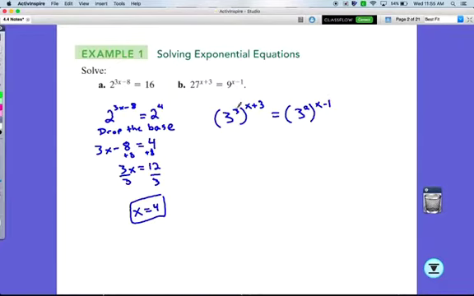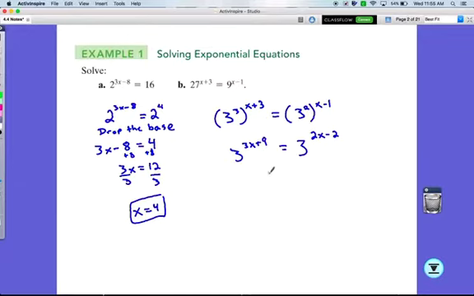And then when I raise a power to a power, I multiply, so that becomes 3 to the 3x plus 9, because I multiply that power to the x and the 3, is equal to 3 to the 2x minus 2, because I multiply the 2 and the x minus 1.